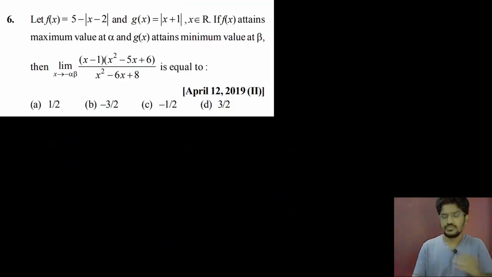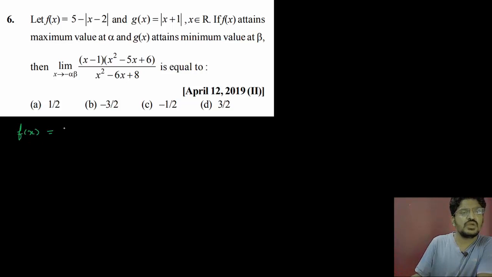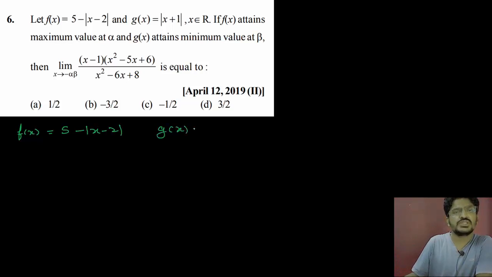That is, let f of x is equal to 5 minus mod of x minus 2. G of x is equal to mod of x plus 1. x belongs to R. If f of x attains maximum value at alpha and g of x attains minimum value at beta.